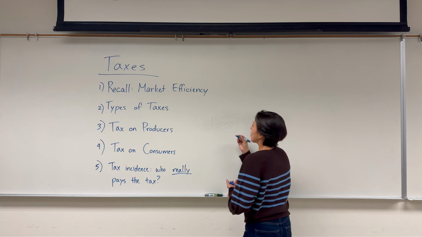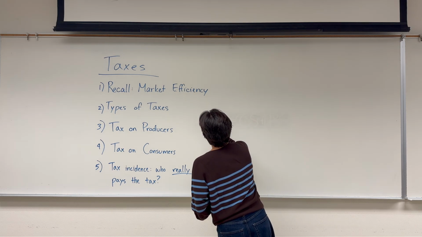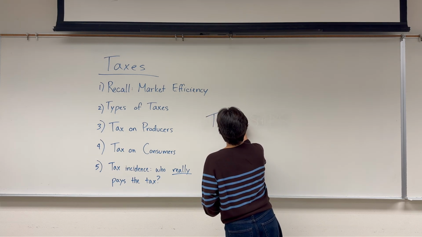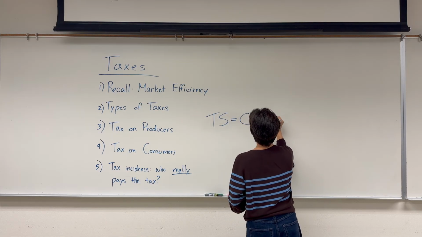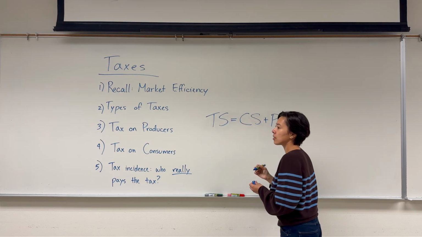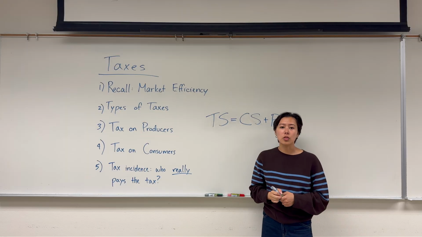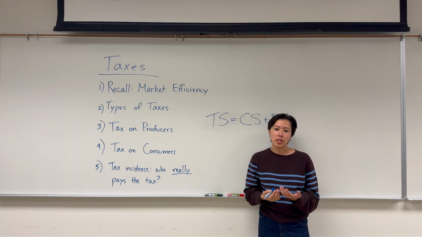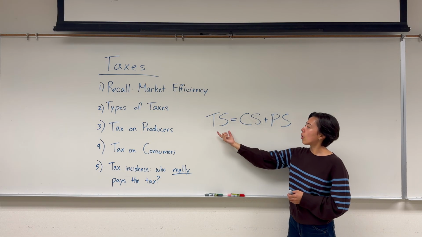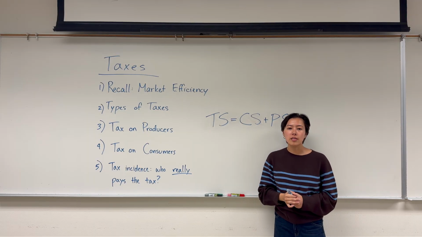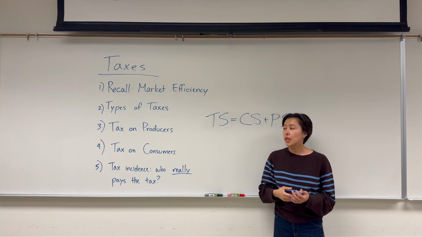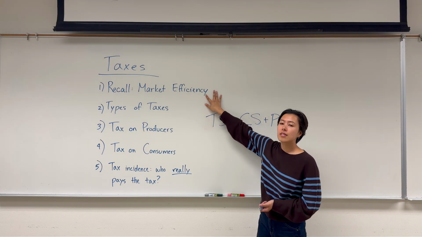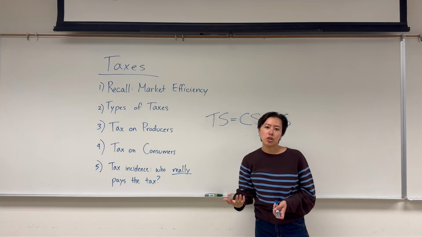What we said is that any market is going to be considered efficient if the sum of our consumer surplus and our producer surplus is maximized in that market. So if our total welfare, our total surplus in a market is as big as it can be, then we're going to consider our market to be efficient.